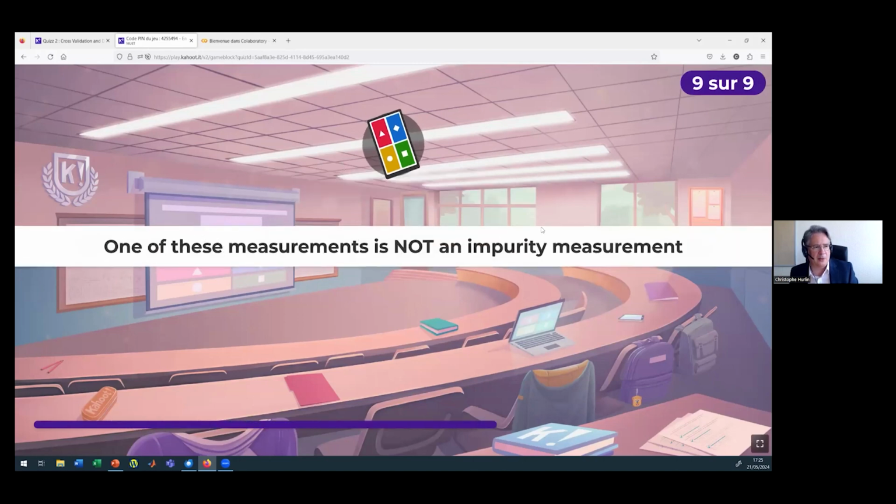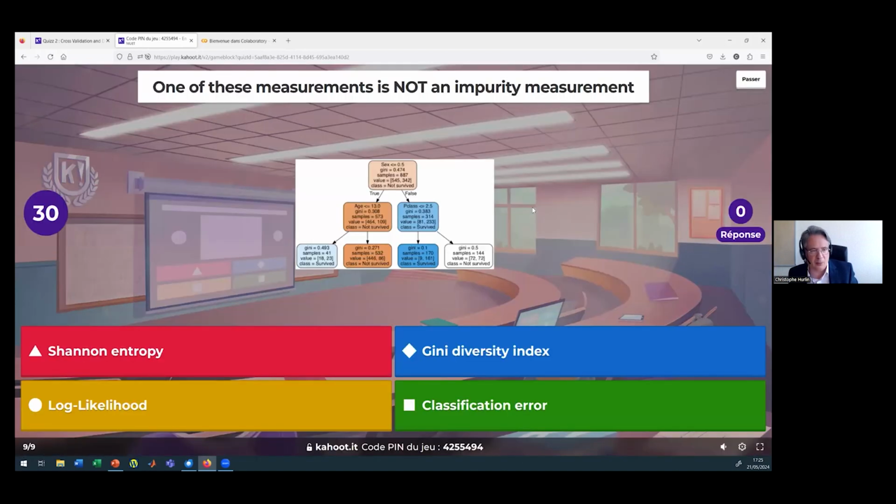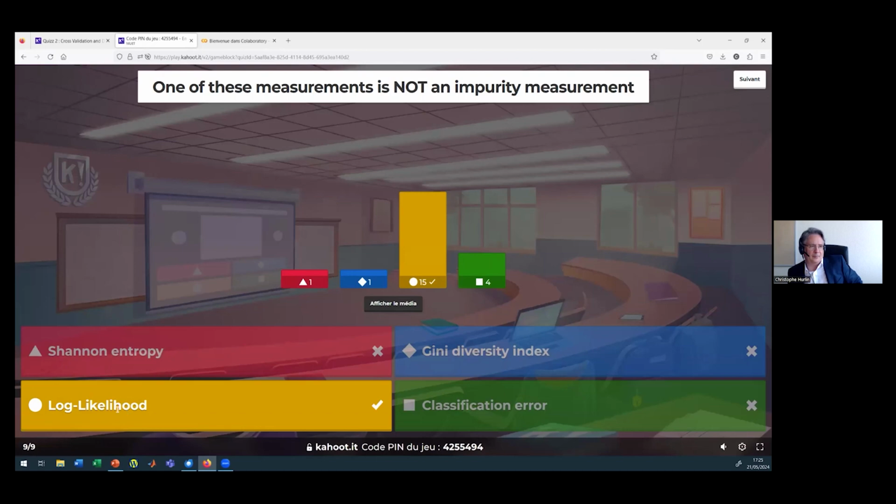One of these measurements is not an impurity measure. This is the log likelihood.